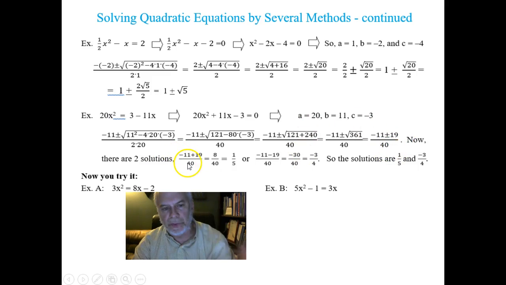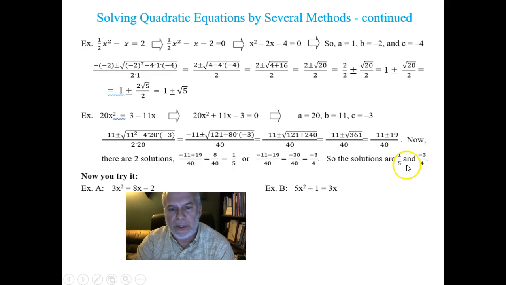Now you do the two solutions. You go negative 11 plus 19 over 40, and that gives you 8 over 40, or 1 over 5. And negative 11 minus 19 over 40, which is negative 30 over 40, or negative 3/4. So the solutions are 1/5 and negative 3/4.